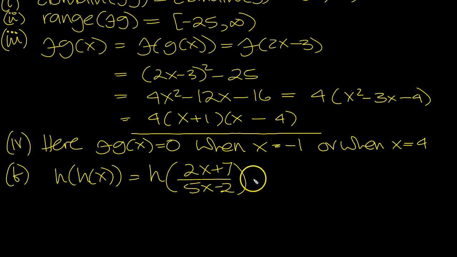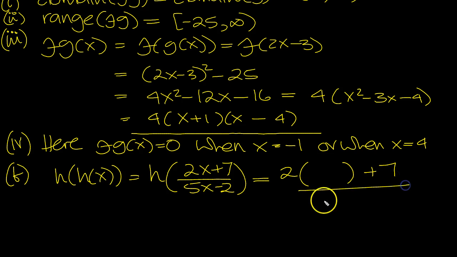So this is our h now, and it's 2 times something plus 7 over 5 times something minus 2. There's the function h. The something on which it acts is this thing here, 2x plus 7 over 5x minus 2.